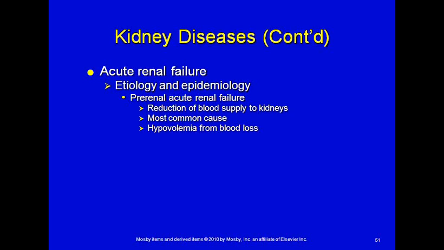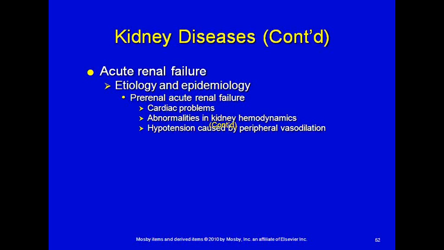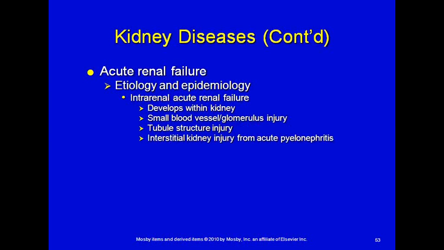That's the most common cause, with hypovolemia from blood loss being the cause of this pre-renal acute renal failure. It can also be caused by cardiac problems or abnormalities in the kidney hemodynamics, or hypotension caused by vasodilation as well.